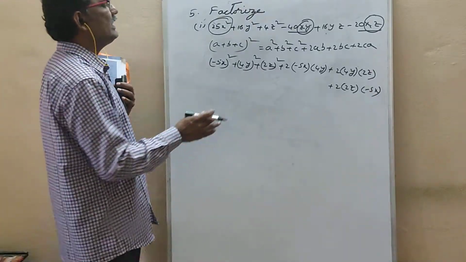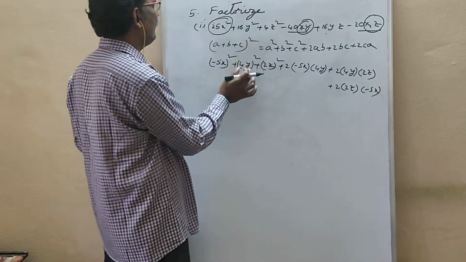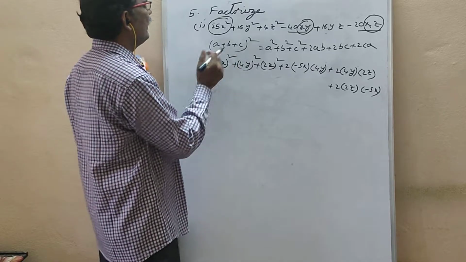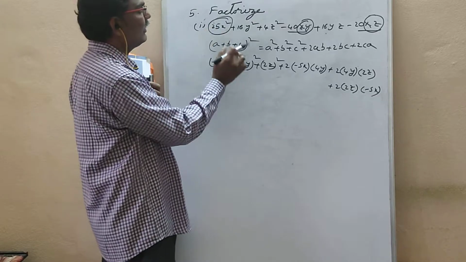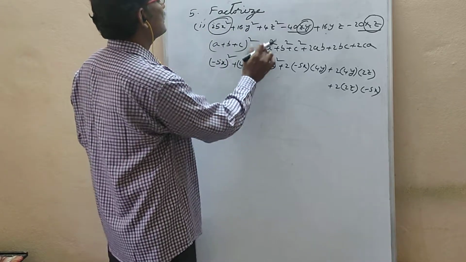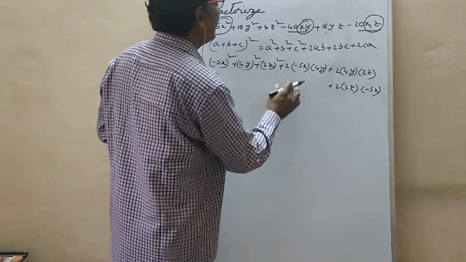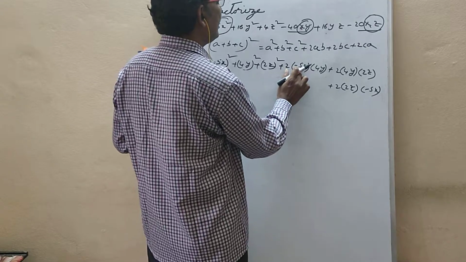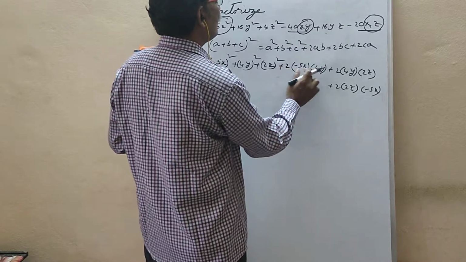But did I change the question or not? You have to verify it once. Minus 5x whole square, if you expand, you are getting 25x square. 4y whole square, if you expand, 16y square is coming. 2z whole square, if you expand, 4z square is coming. Come here. Plus into minus is minus. 2 into 5 is 10, 10 into 4 is 40, x into y is xy.